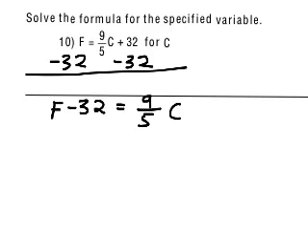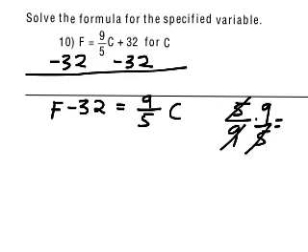Now, we want to get rid of the 9/5. The easiest way to get rid of the 9/5 is to multiply it by its reciprocal, 5/9. 5/9 times 9/5 will equal 45 over 45, which is 1, or you cross cancel, and that gives us 1, right? So that's the way to go.